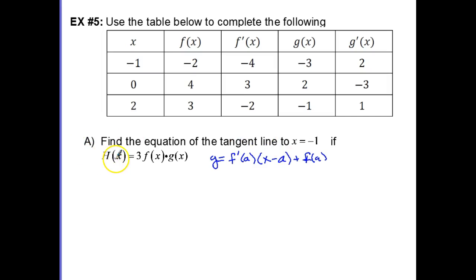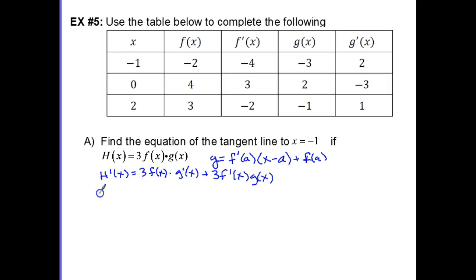So let's find out what h prime of x is. So h prime of x is going to be 3 times f of x times g prime of x, plus 3 times f prime of x times g of x.